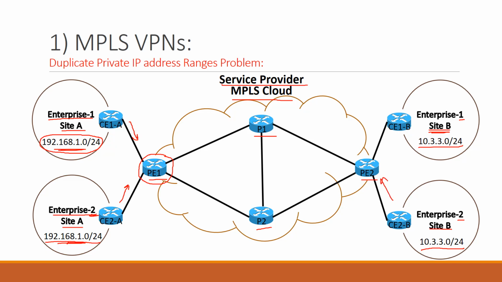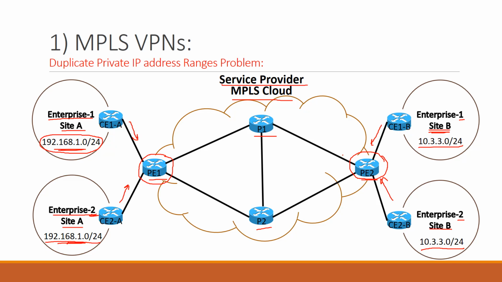When this router advertises this subnet, and when this router advertises this subnet, provider edge 2 will be confused as well, and will store any of them. And when it receives a packet that is destined to 10.3.3.0, it will choose any of them, because it received two subnets from two different interfaces.